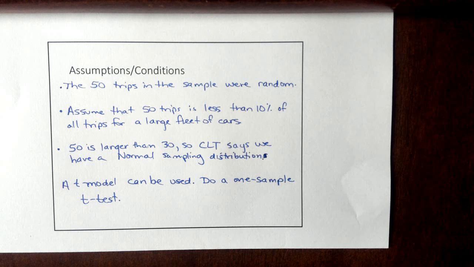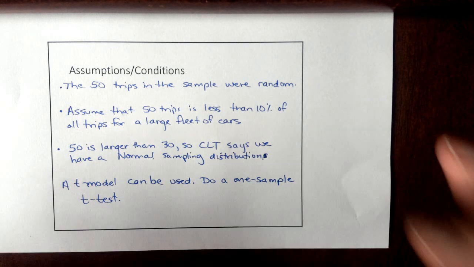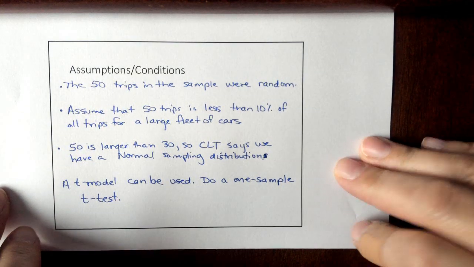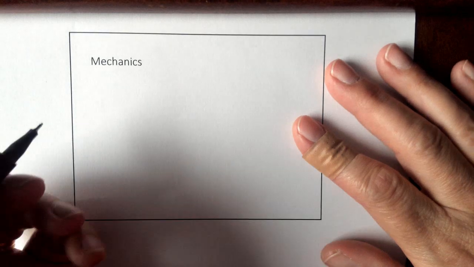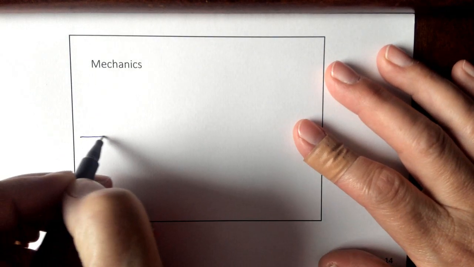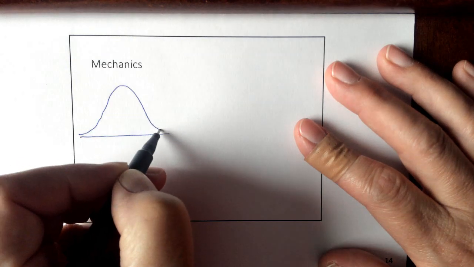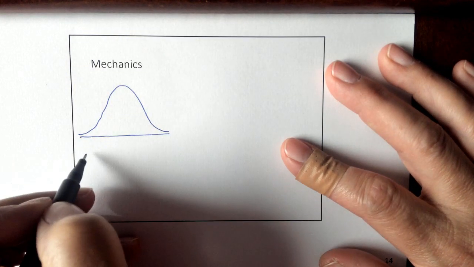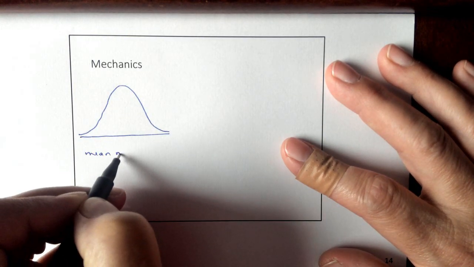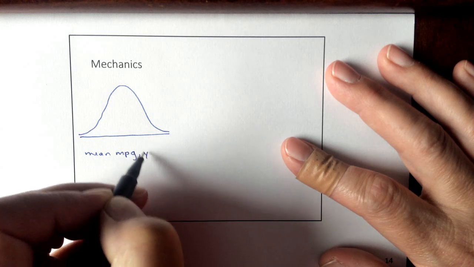Alright, we're halfway there. So now we get into mechanics. Just like before, we start with the picture of a normal model. So the picture of all possible averages of all possible 50 fleet samples would have mean miles per gallon Y bar.